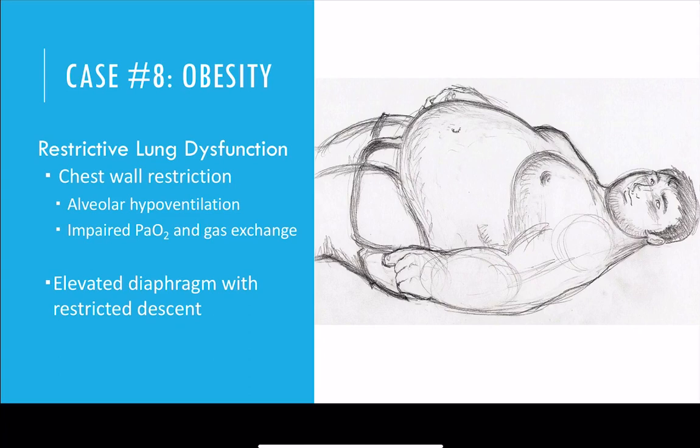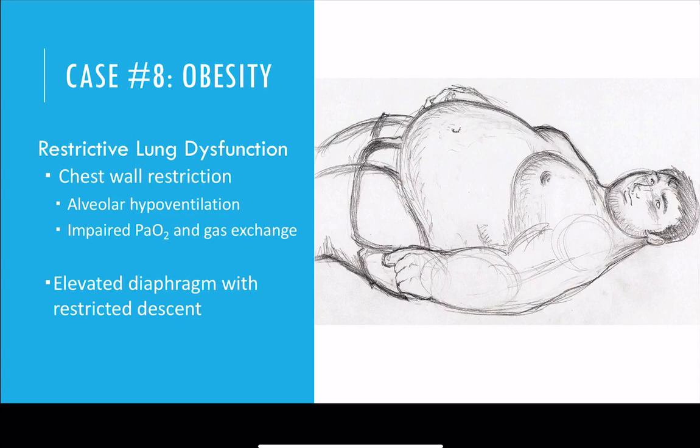If you can't move the rib cage out effectively, you're not going to be as good at getting gas into all of your individual alveoli. So with chest wall restriction comes alveolar hypoventilation. Alveolar hypoventilation means you're not going to be appropriately exchanging gases at the individual alveoli.